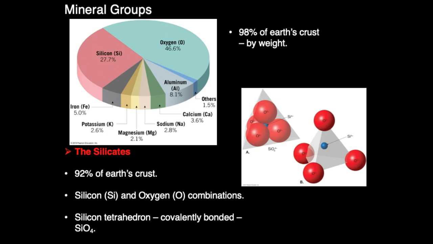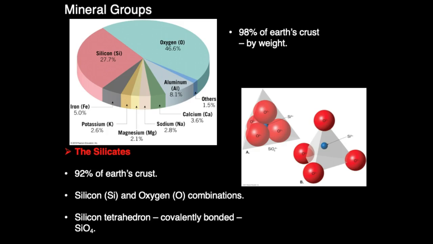The mineral group that forms the greatest amount of rocks in the crust is the silicates, with 92% of them being silicates. The silicates themselves, which are the most abundant mineral group, are made up of these silicon-oxygen tetrahedra, which are the basic building block of them. This is very important, and you'll definitely be tested on it.